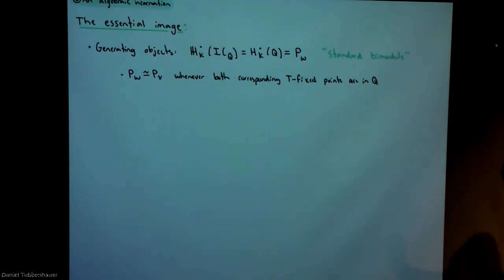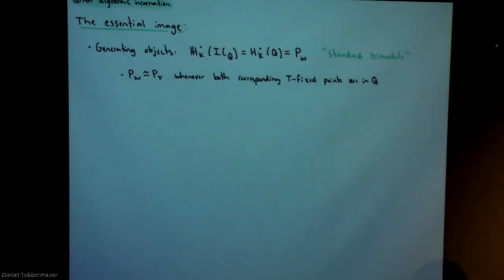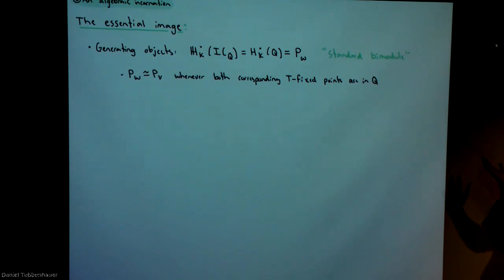But if we think about it as a bimodule, its right action of the ring is twisted by a certain element of the Weil group. If you're used to thinking about Soergel bimodules and you're familiar with standard bimodules, these are the same thing. This is just a standard bimodule in a slightly different world. But the interesting thing that shows up is we have to ask ourselves which element of the Weil group we get.